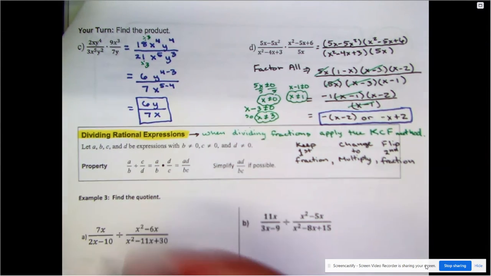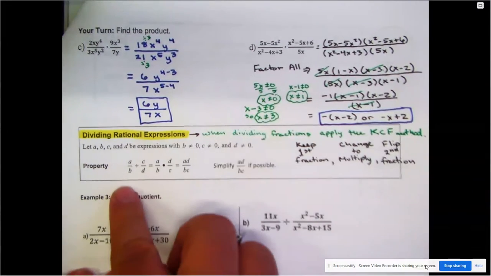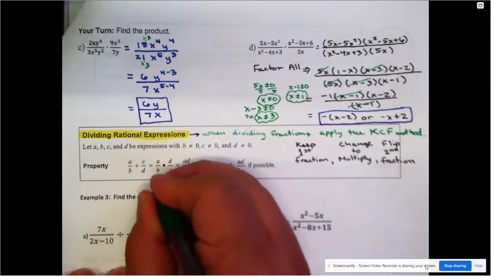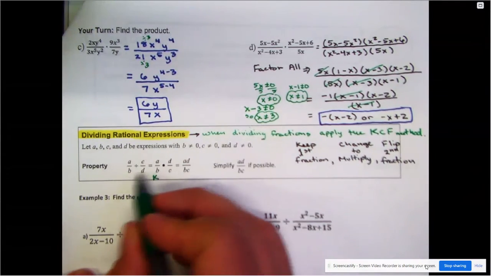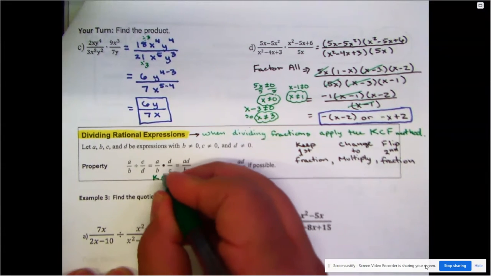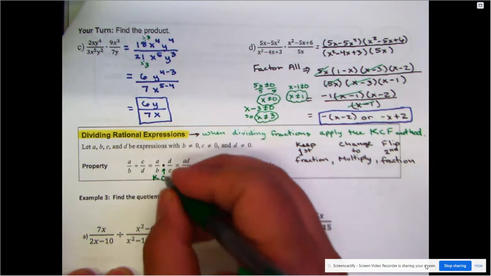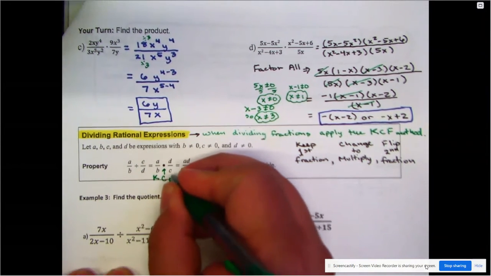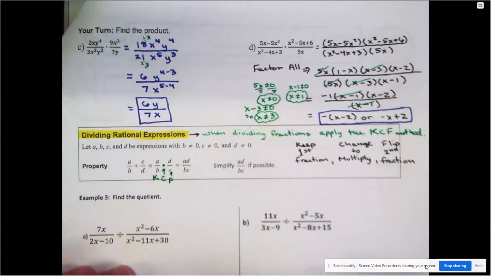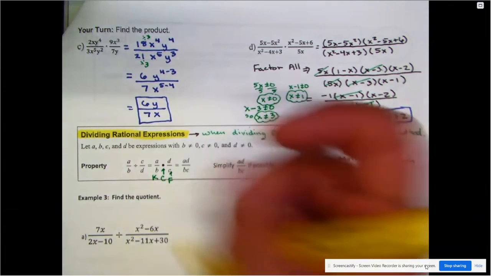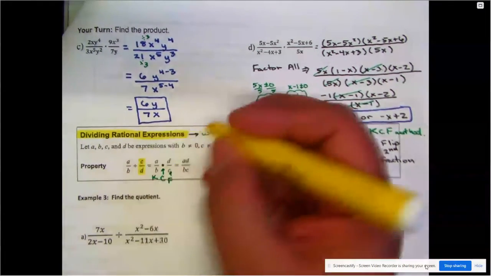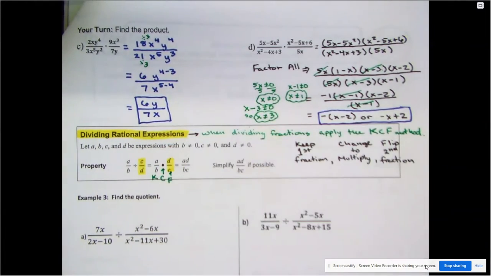So notice how in this little property here, they applied the KCF. See, they kept the first fraction exactly the way it is. There's the C, there's the change to multiplication, but in order for that to work, they had to flip the second fraction over. So as you can see right here, the second fraction used to be C over D, and it became D over C.